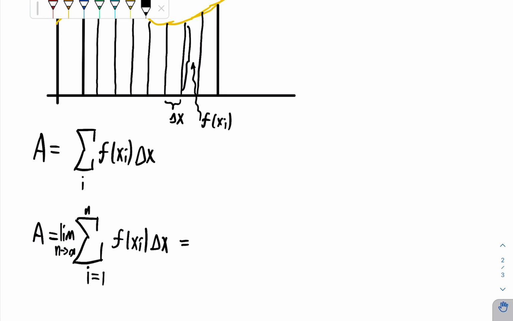And this is equal to the definite integral between a and b of f of x dx, such that we're finding the area between a and b.